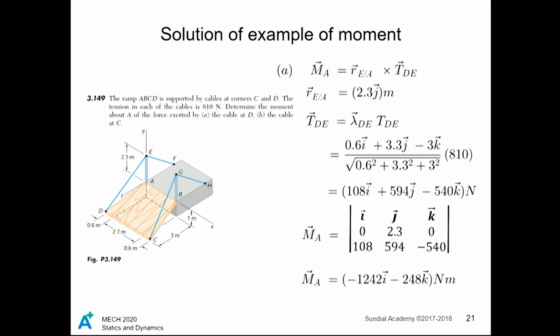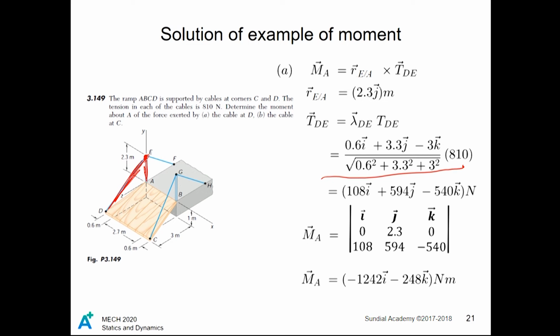So first we are asked to find the moment from the cable at D about the point A. The tension from the string at D and the radius from A intersect at point E, here. We reduce cable ED into a unit vector direction, as seen here, and multiply it with the tension magnitude to find force ED, pulling away from the radius EA.